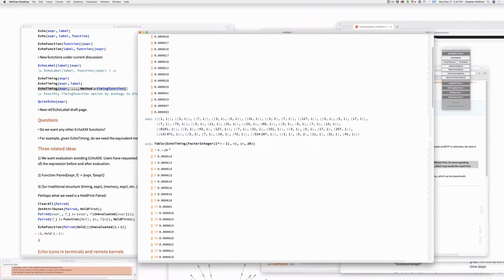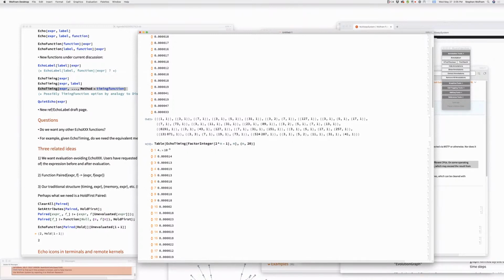Okay. I guess the question is, do you want this to display in units or as is? I kind of think as is, because I think what you want is maybe an option for echo timing. I'm not sure. Maybe you would have to change the method function. Yes, that would be okay.